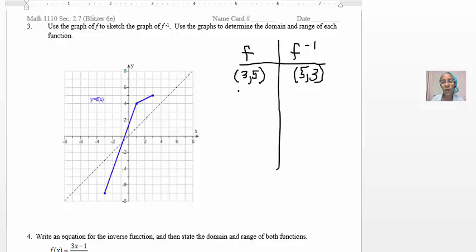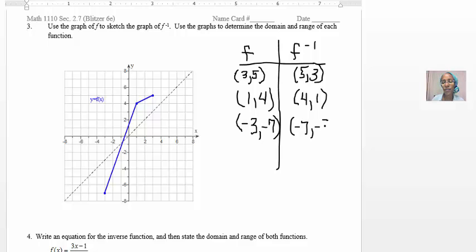If (1, 4) is on f, so I'm just looking at these highlighted points, then the point (4, 1) is on f inverse. And if this is the point (-3, -7), then the point (-7, -3) is on f inverse. And for this particular graph, that's actually enough information for us to sketch the graph.